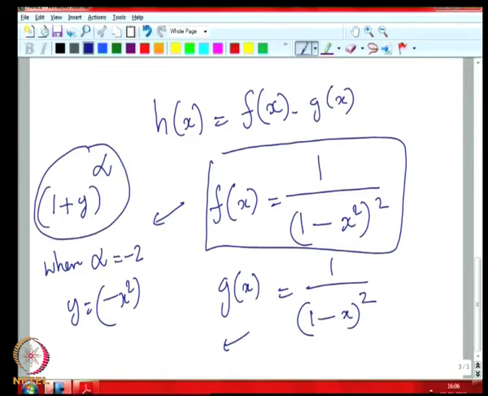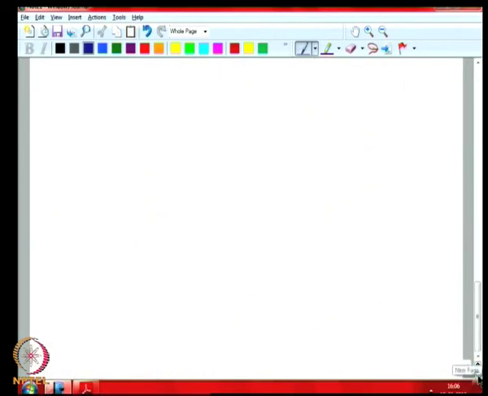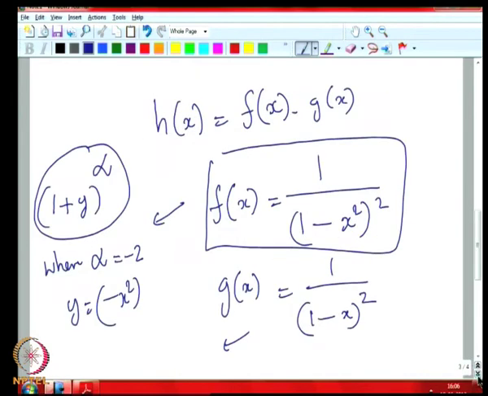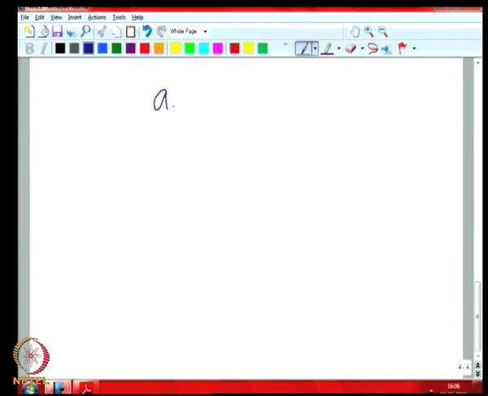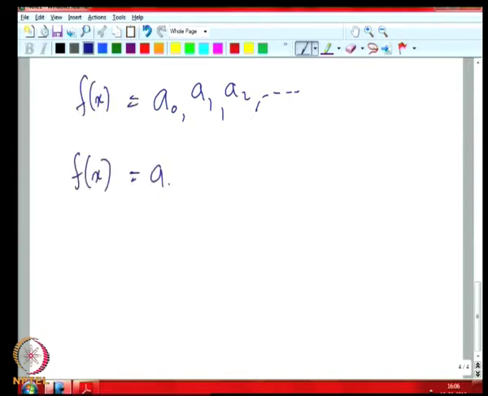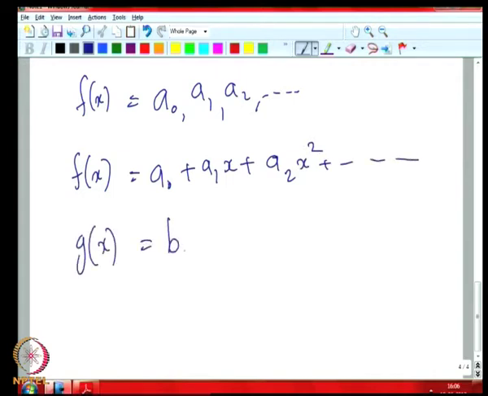Now for instance, suppose A0, A1, A2 and so on correspond to f(x). That means f(x) equals A0 plus A1 x plus A2 x squared plus and so on, right, and g(x) equals B0 plus B1 x plus B2 x squared plus and so on, right.